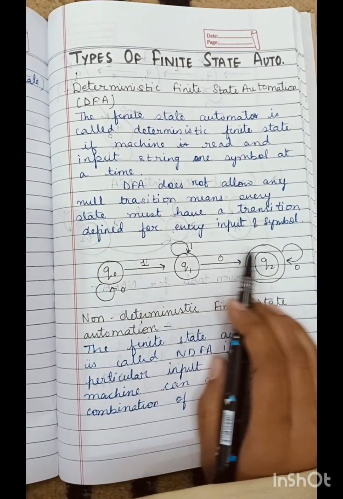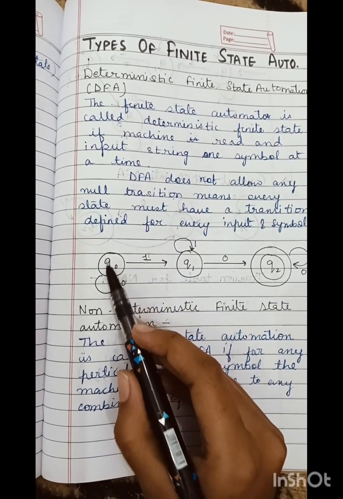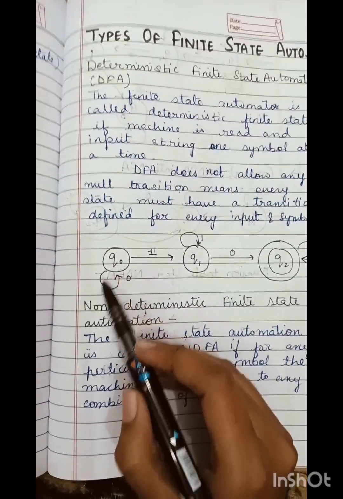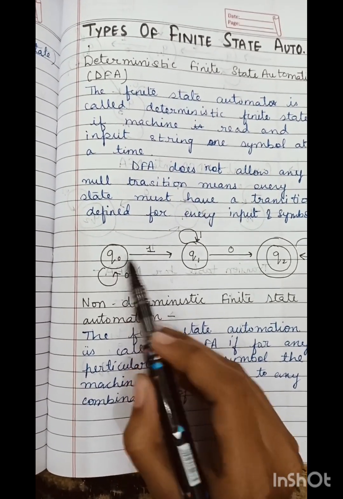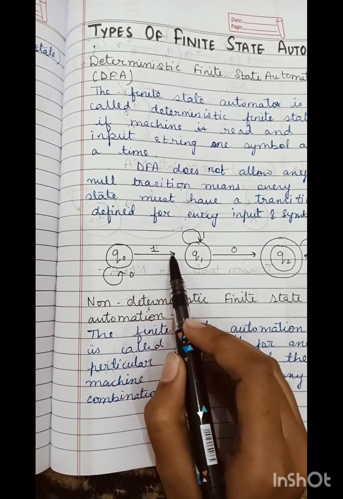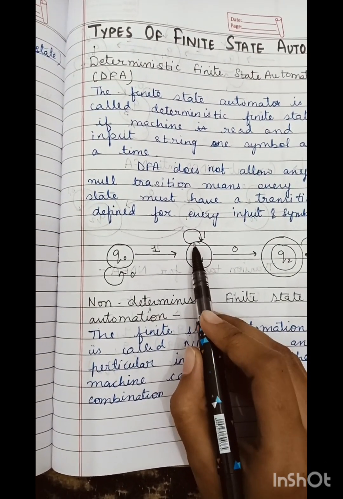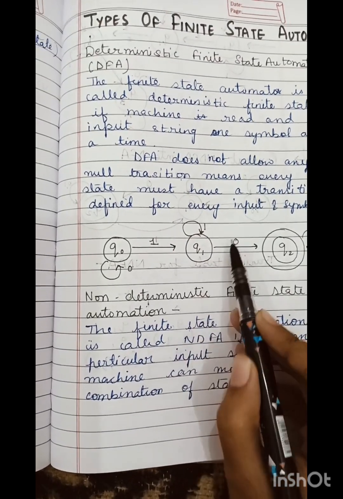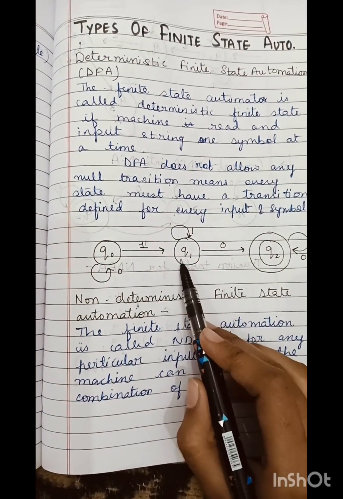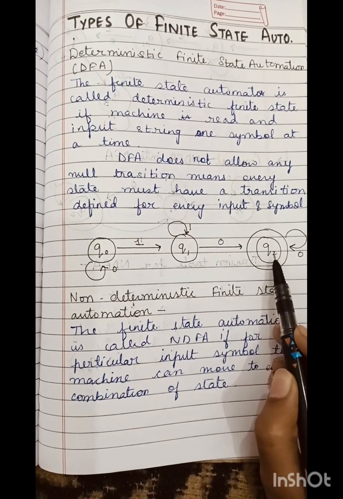For example, this is the transition diagram for DFA. Over here we see that Q naught, when it gets the input 0, stays at Q naught only, and when it gets the input 1, it becomes Q1 state. This Q1 state, when it gets 1, stays at Q1, and if it gets 0, it goes to the final state, which is Q2.